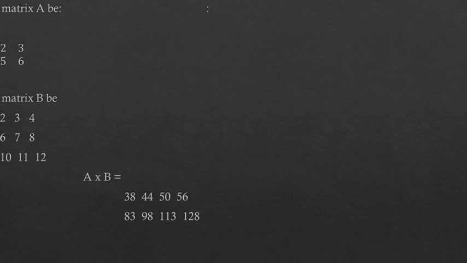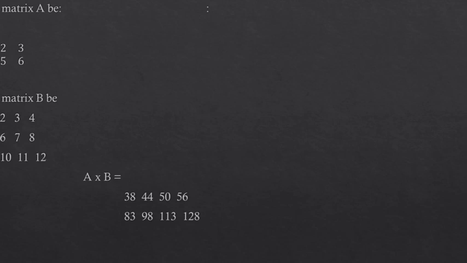So here we have a matrix A, which has 2 rows and 3 columns, a 2 by 3 matrix, and matrix B with 3 rows and 4 columns, a 3 by 4 matrix. So the number of columns of the first matrix is equal to the number of rows of the second matrix. P by n and n by q, where n is the same for A and B. For A, n is the number of columns, and for B, n is the number of rows.